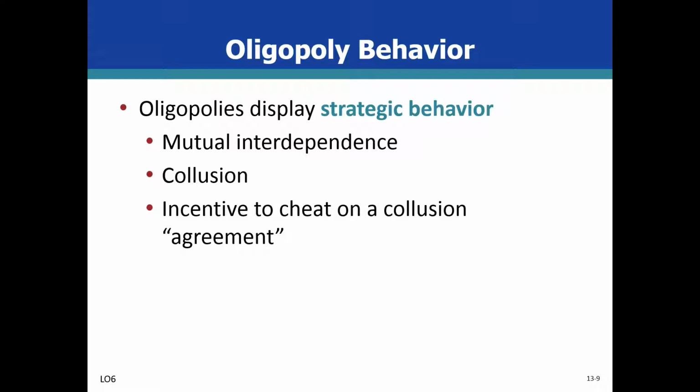Why is this being highlighted? Well, because of the mutual interdependence, there is the potential for company collusion by attempting to fix prices or wage agreements or product availability. Should note that price fixing is illegal, but not always visible. At times, there is also a strong incentive to cheat.